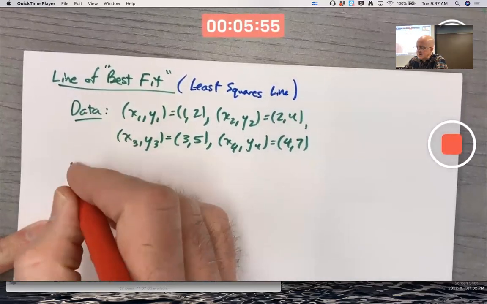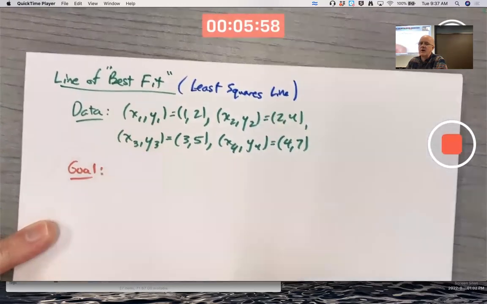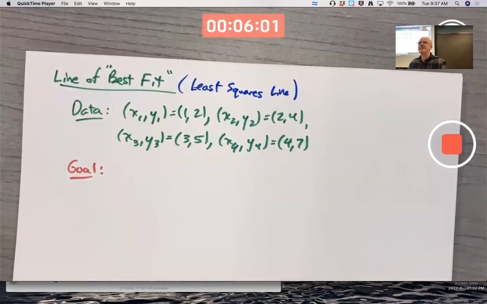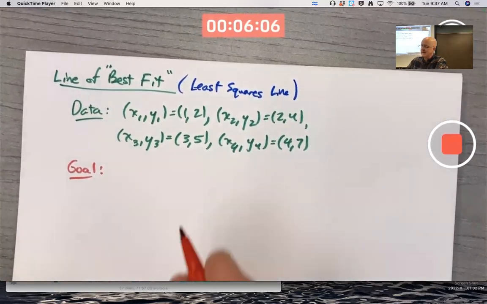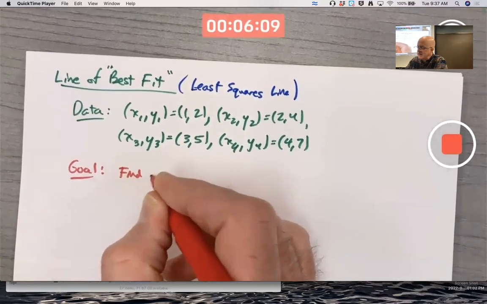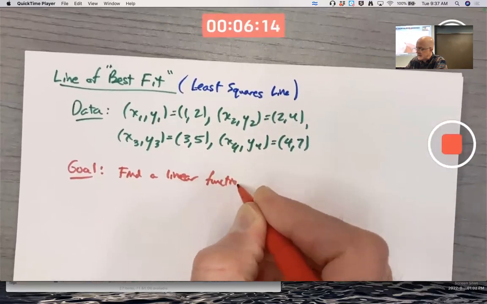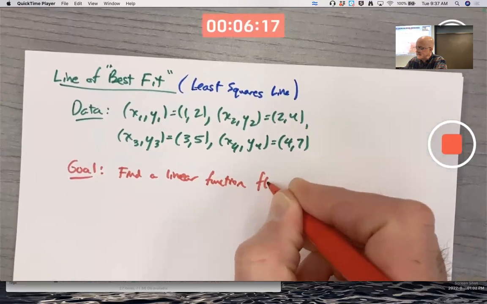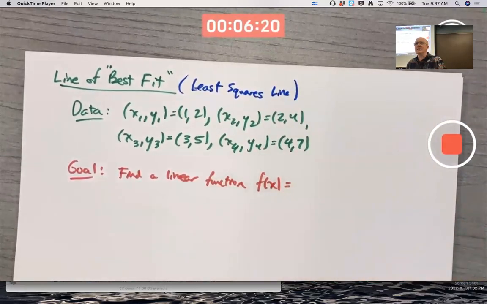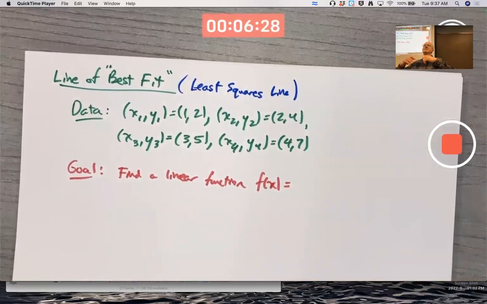So what is the goal? The goal here is to find, yes, a line of best fit. More officially, more technically, a least squares line. Find a linear function, really, f of x. Typically, we write that as mx plus b, and I could certainly do so. However, in statistics, to allow ourselves to go beyond simple linear regression, we use this kind of notation.